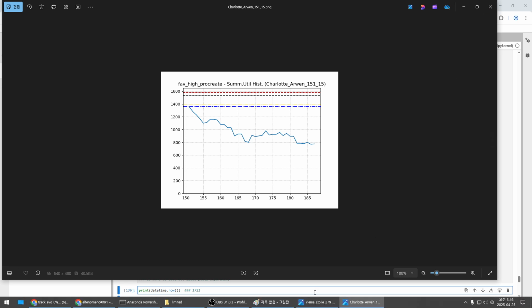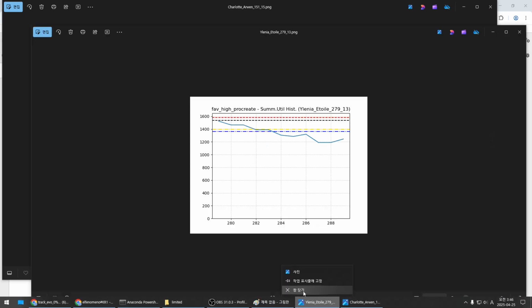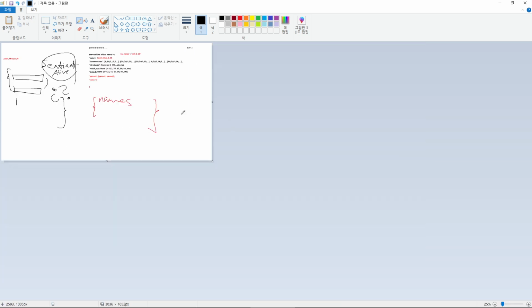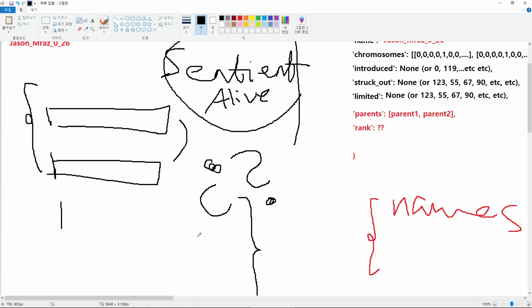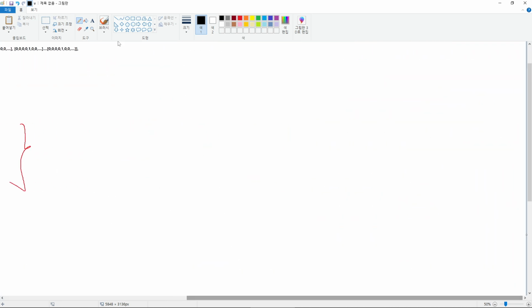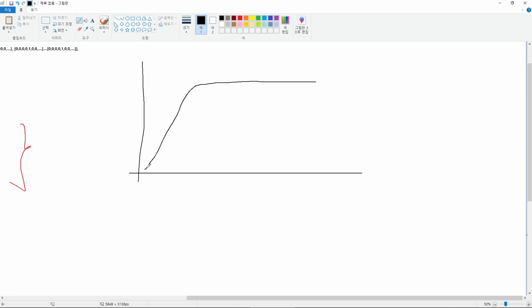So here's the take. Here's my take. So far, up until now, I've only been focusing on how to make the sum utility value go up and plateau at a reasonable level, and how to minimize the dips at the cost of sacrificing entities with low sum utility values.